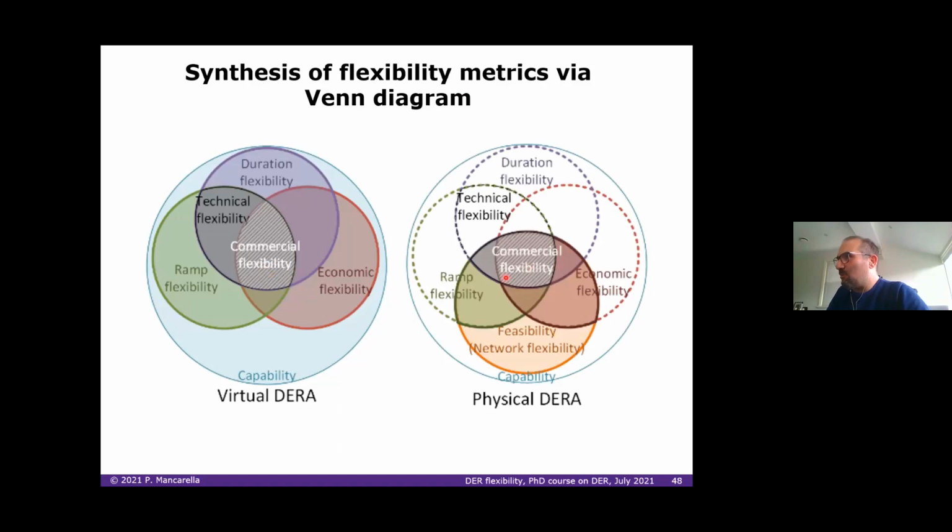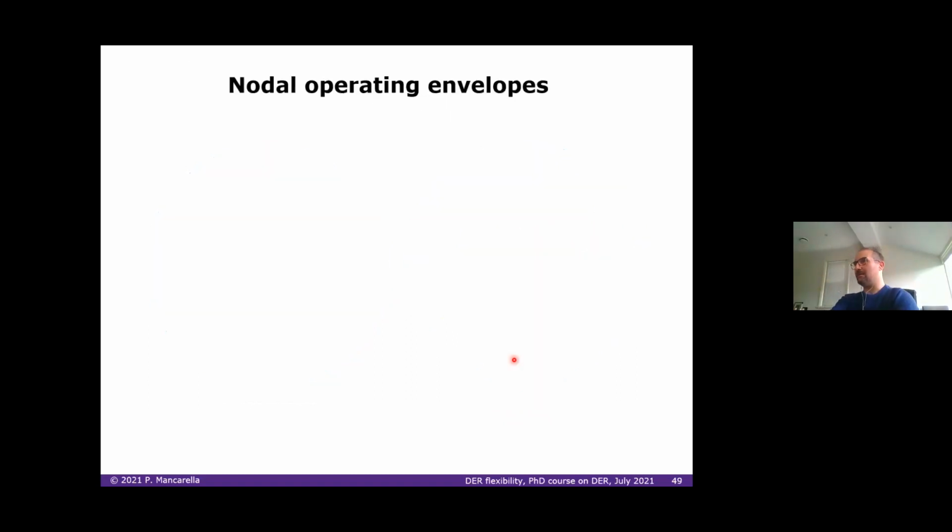But this same commercial flexibility, the moment I also introduce physical characteristics, in particular the network feasibility, I see that the actual commercial ability to provide the service is now constrained because I have introduced a new Venn diagram that somehow limits my capability of providing services because of the network constraints.